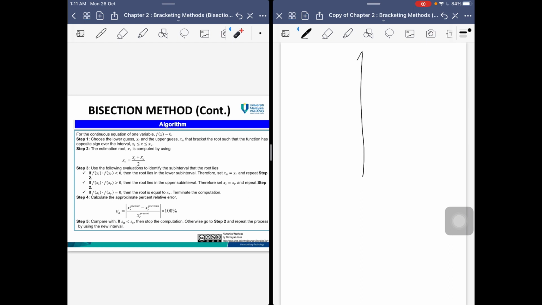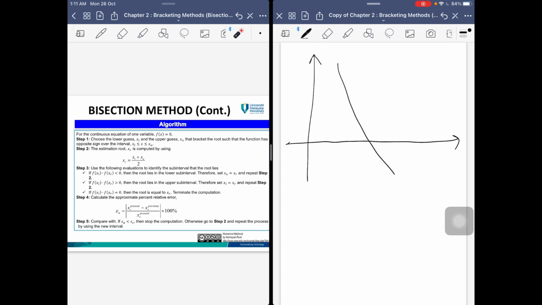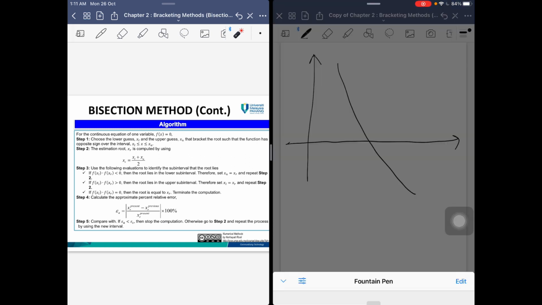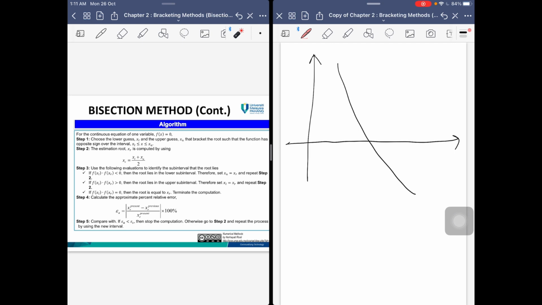Okay, let's say this is our function. Then this is our true solution, where your f(x) crosses the x-axis.